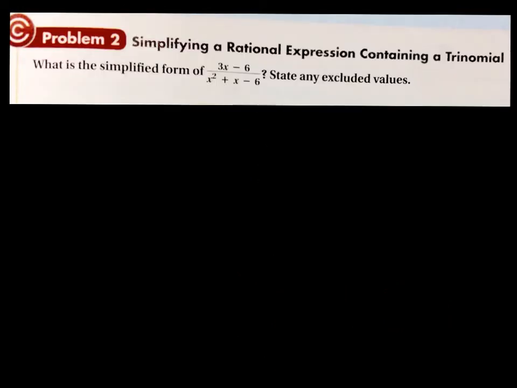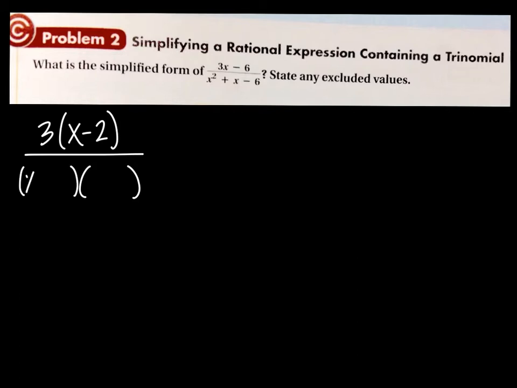All right, so they do get a little bit harder. This one, you can still factor the top like we had before, with the GCF. If you look at the top, they both have a 3, so we're going to factor out the 3, and we'll be left with x minus 2. But on the bottom, you're going to have to do that trinomial factoring. So you break it into 2 parentheses, and what do you multiply to get the last number, but add to get the middle number?